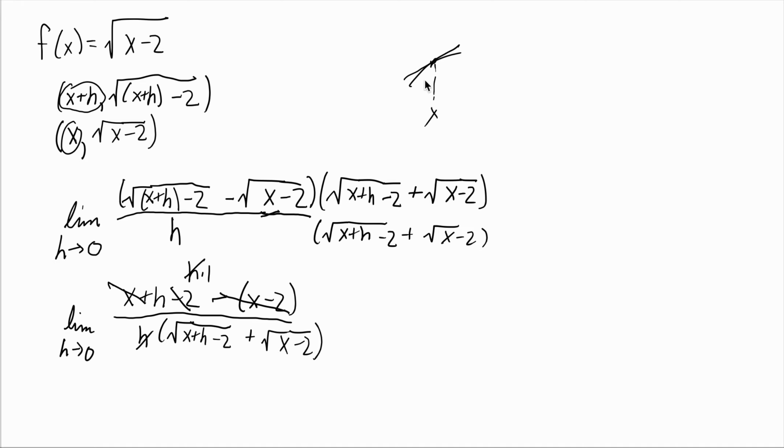So we're holding this constant in this limit. So we can throw in 0 for h here, and you end up getting 1 over the square root of x minus 2 plus the square root of x minus 2. And that becomes 1 over 2 root x minus 2.